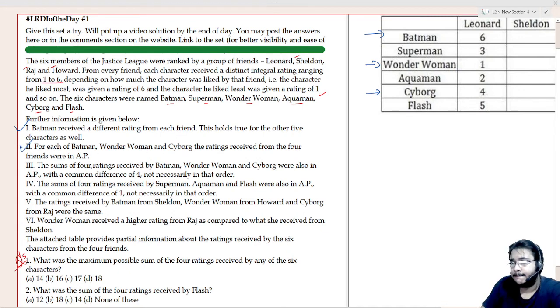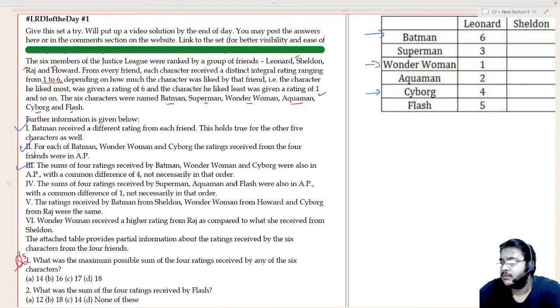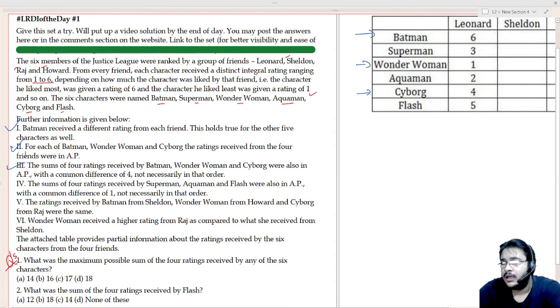Then condition number 3 says the sum of the 4, but before going into condition number 3, I need to make some sense of condition number 2, which says that the ratings of Wonder Woman, Batman and Cyborg by the individual friends are in arithmetic progression. What does this mean? I would like to make some clarification.